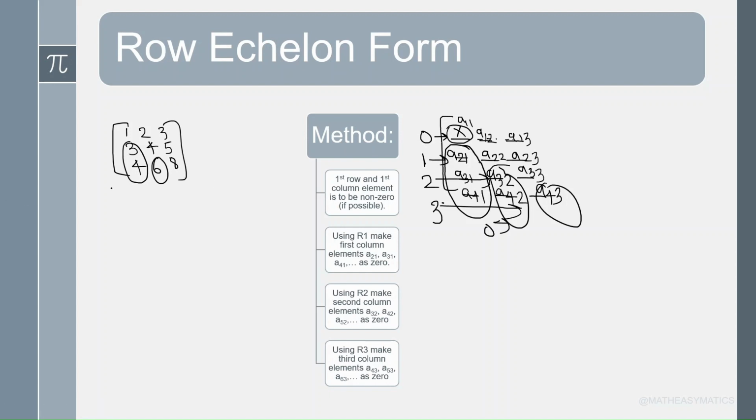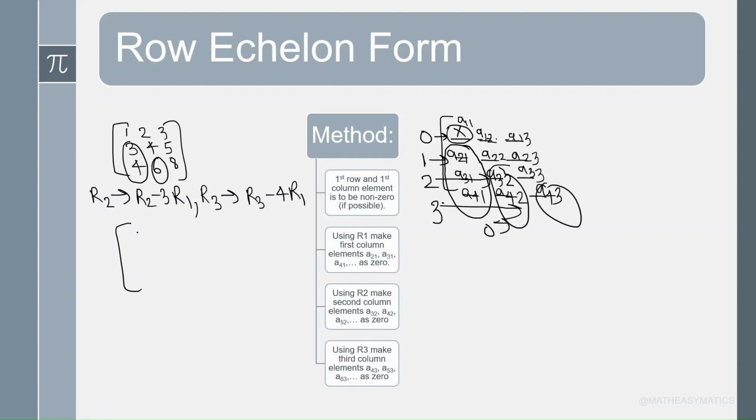So first take R2 and replace it with R2 minus 3R1. Here, R2's first element is 3. If we multiply 3 here, we will get 0. Same applies for the third row, R3: replace with R3 minus 4R1.